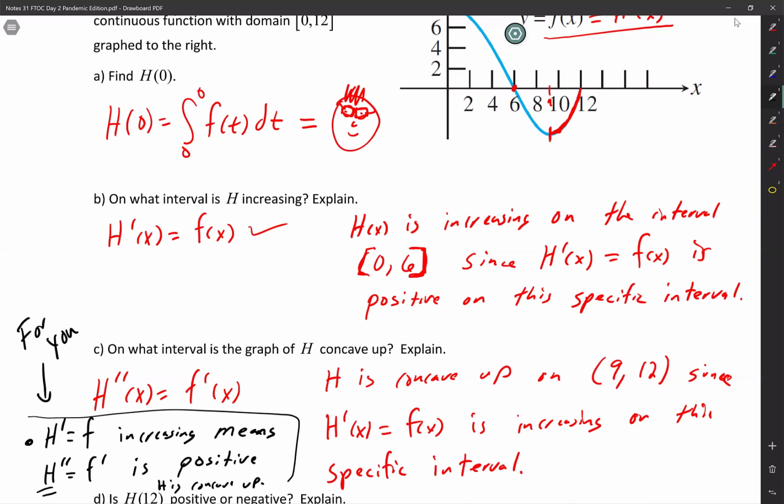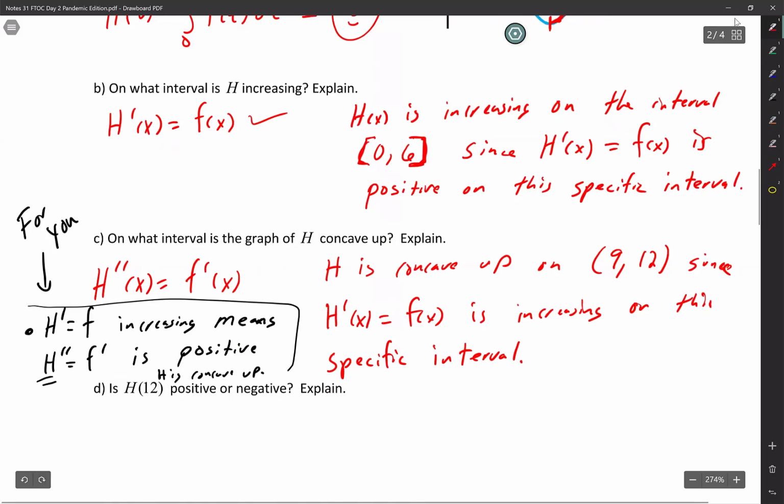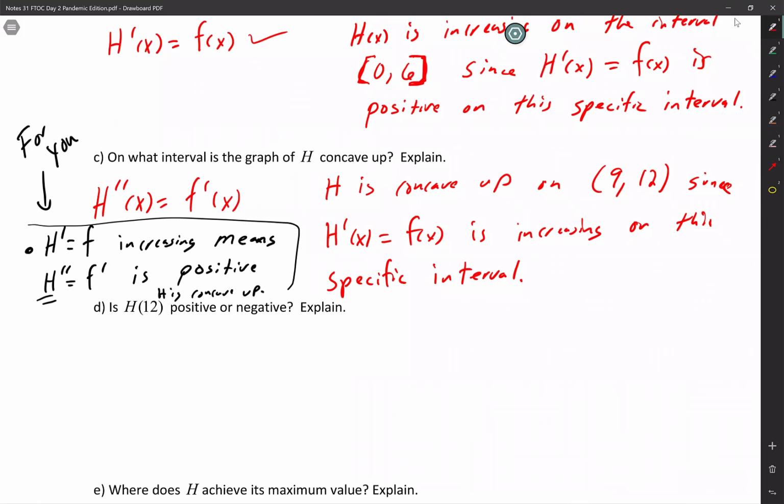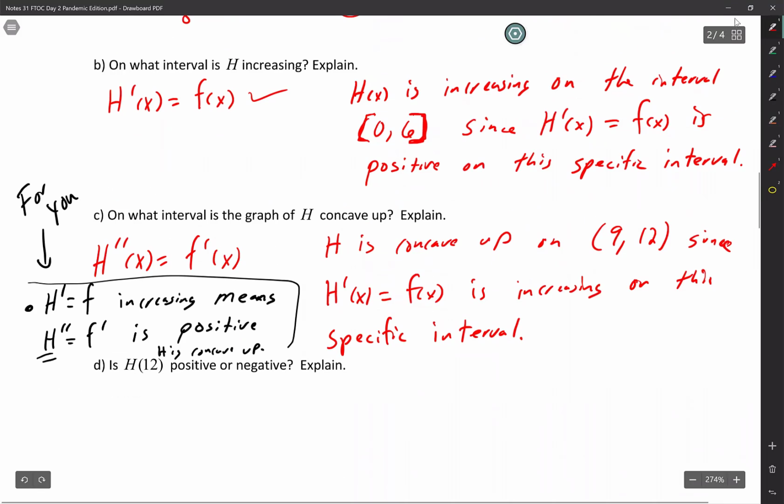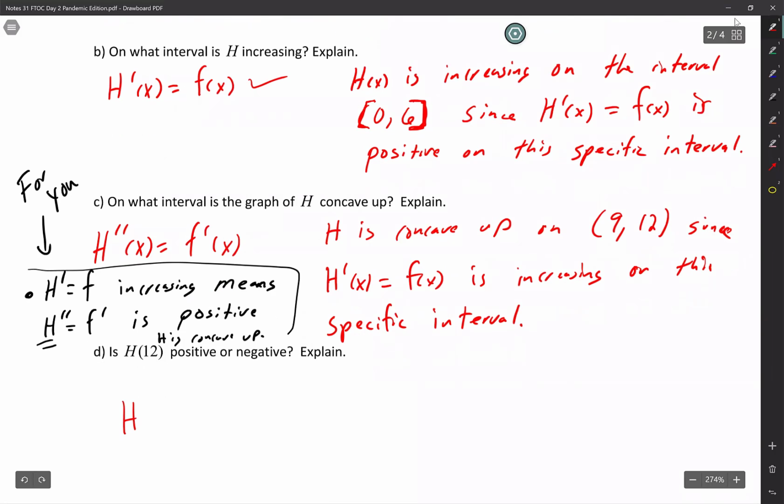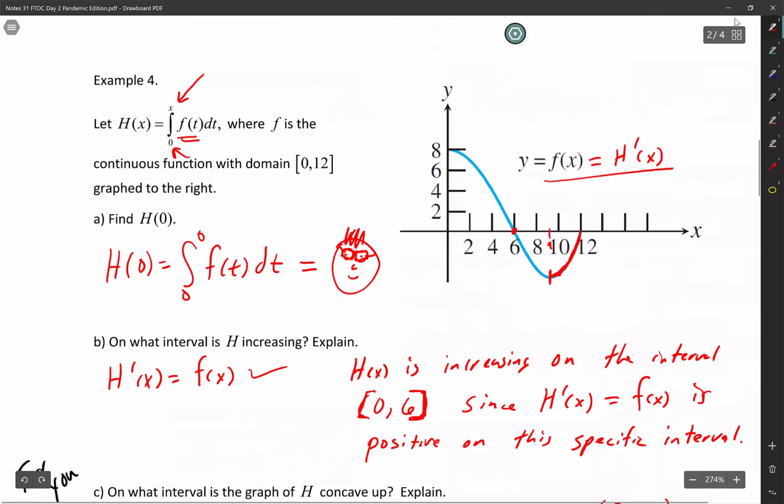Okay, are we okay, guys? I think we're still good. Is H of 12 positive or negative? Okay, that's doing the same thing, guys. We're just comparing areas. So area under the curve from 0 to 12 of f of t dt. I'm going to use the same colors that I did earlier. This is red.